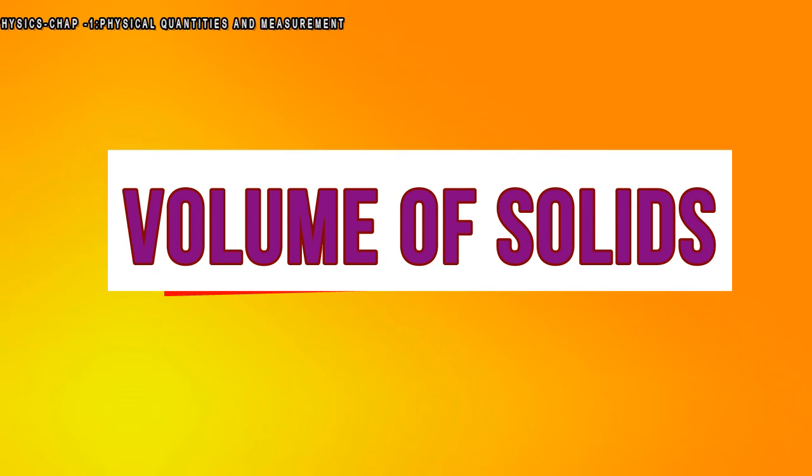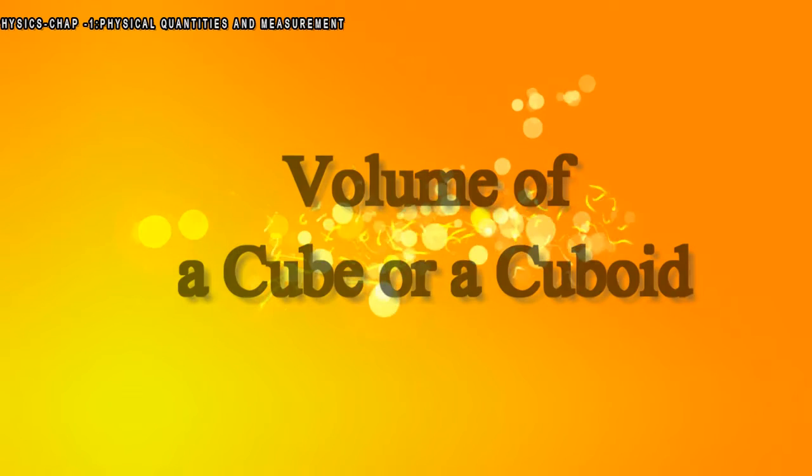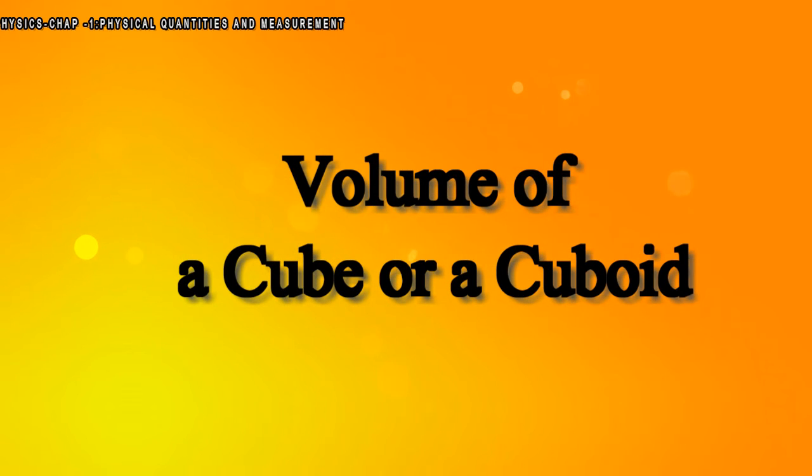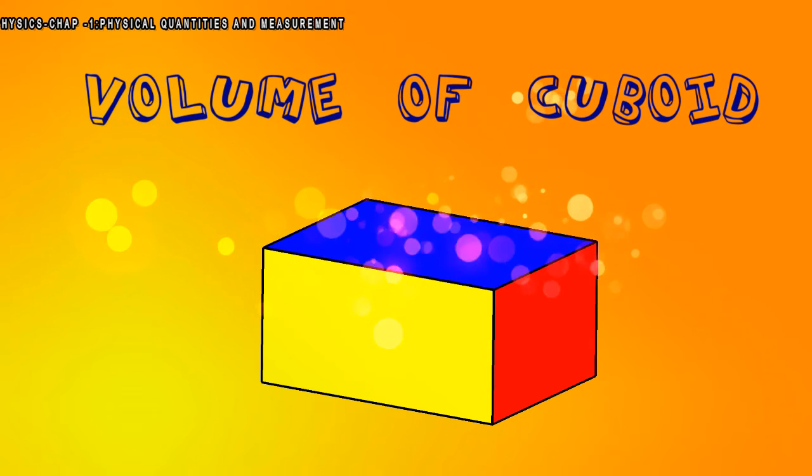Now let us understand the volume of solids. The volume of solids such as a cube or a cuboid can be calculated using the given formula. Volume of a cuboid.